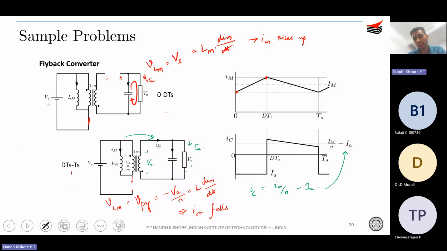That is why you see the Im current is falling over here. So you see that during the 0 to DTs period, the voltage is Vs and the inductor current rises up, and then during the (1 minus D)Ts period, the voltage is minus Vo over N, therefore the inductor current falls. So this is the operation that we are all aware of already.